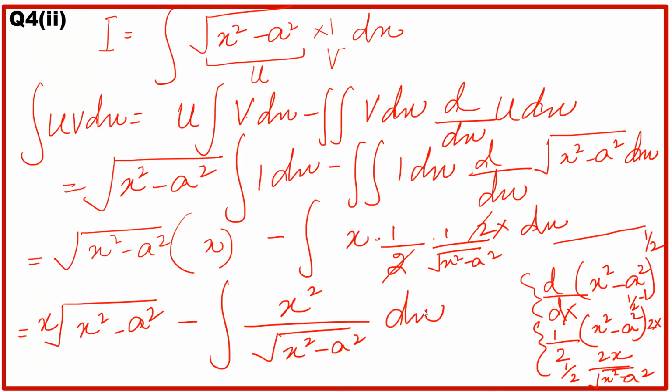From here it is exactly the same as what we did in the last question. We have to make the numerator the same as the denominator. Here we have x square minus a square, and here we have x square. So we will add and subtract, minus a square plus a square, in the numerator as well. The remaining stays the same. So I is equal to x into under root x square minus a square, which remains the same, minus the integral of x square minus a square plus a square divided by under root x square minus a square.